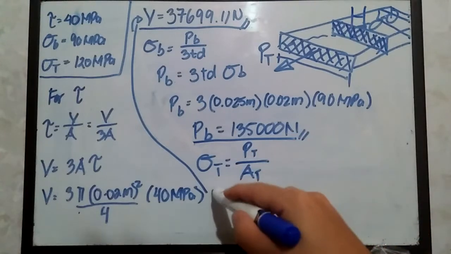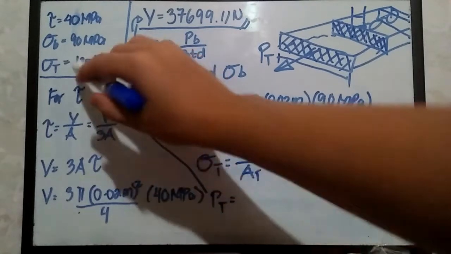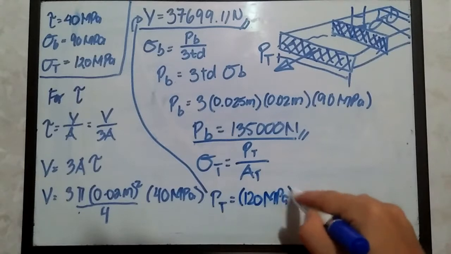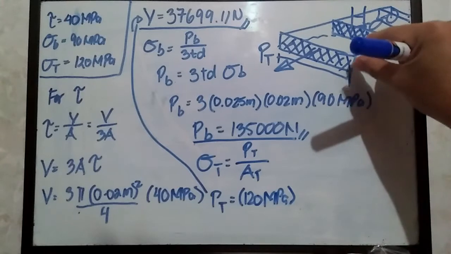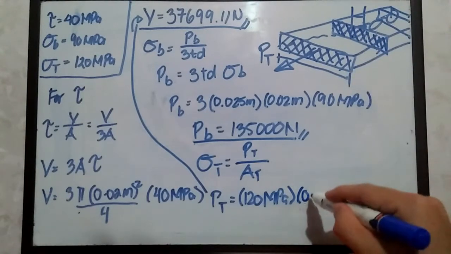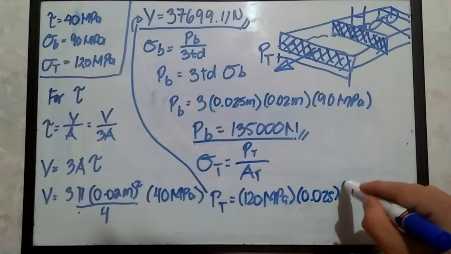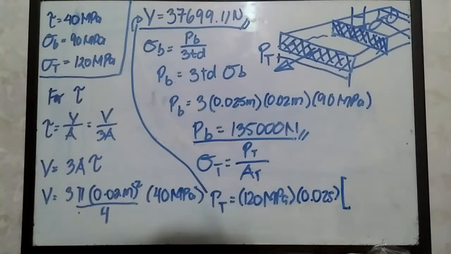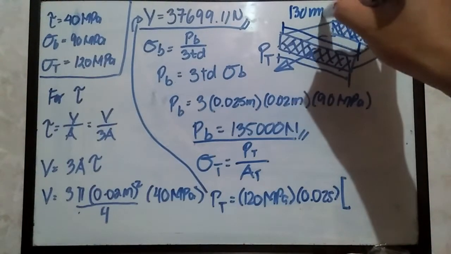Solving for P sub T. P sub T is equal to what is this? Sigma sub T is 120 megapascals. And A sub T should be the thickness of the metal plate, that should be 0.025, multiplied by the length of the metal plate, that should be 130 millimeters, because this is 130 millimeters.